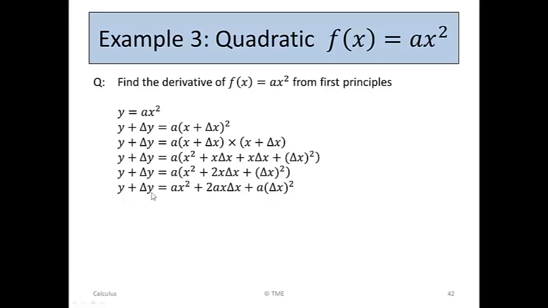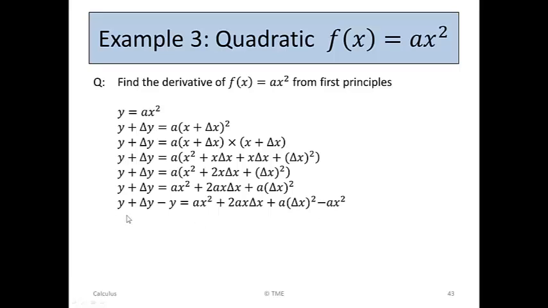That's our y plus delta y, and we want to subtract y from that. So y plus delta y minus y, this equation minus the first equation, we get ax squared plus 2ax delta x plus a delta x squared minus the ax squared.